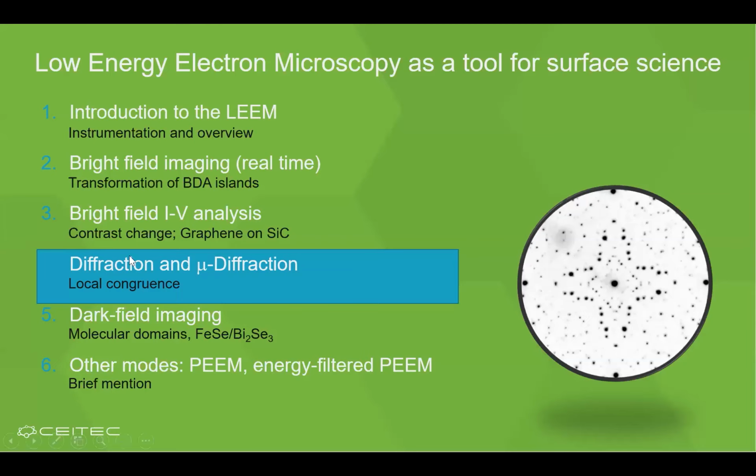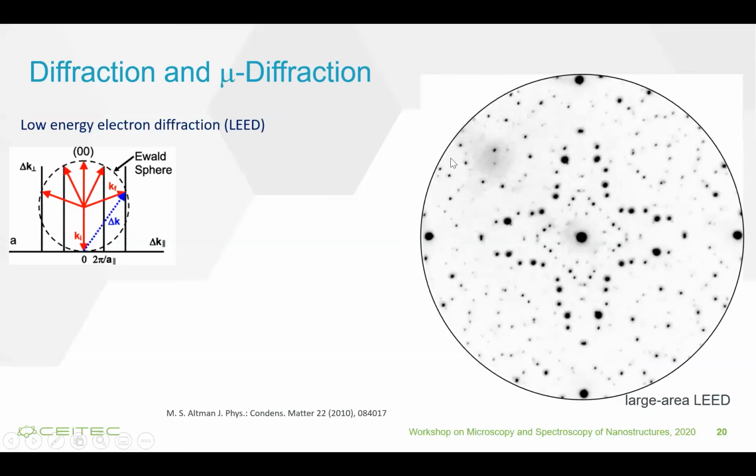So a nice part of LEEM is that we can combine it with diffraction and even micro diffraction. I will show you one example from our molecule system. There the diffraction patterns can appear quite complex. And this is just to remind that we see the diffraction from periodic structures where the diffraction condition is fulfilled.